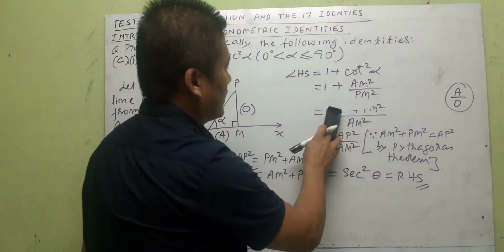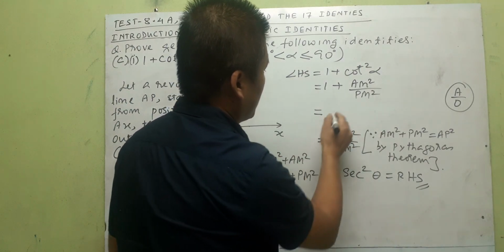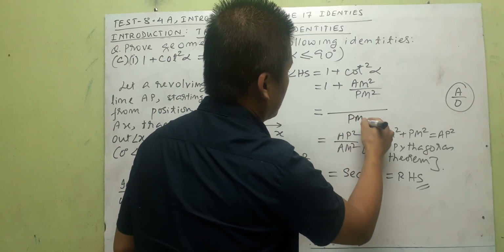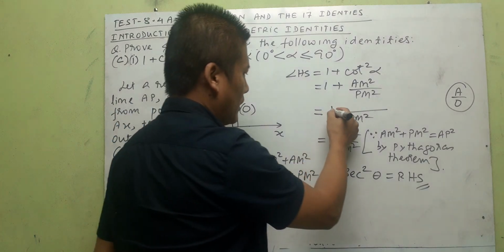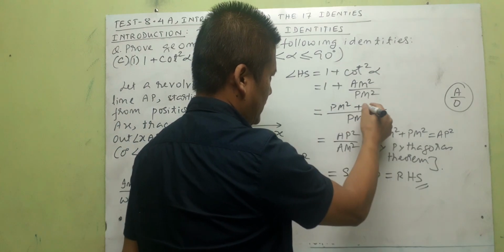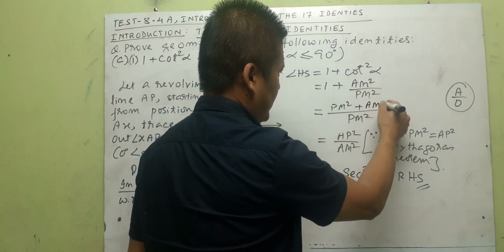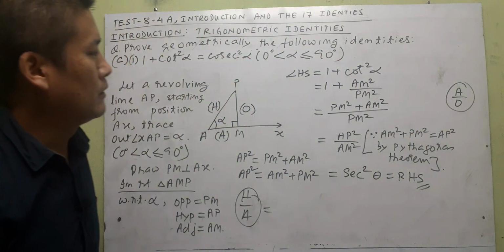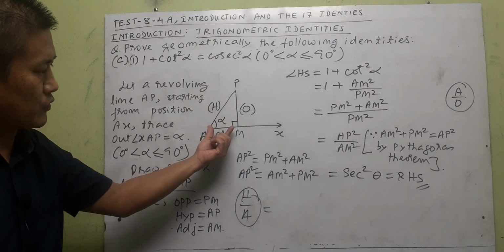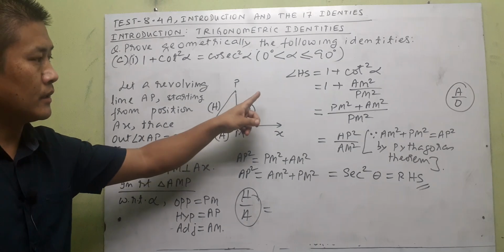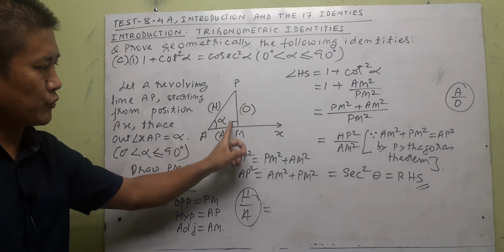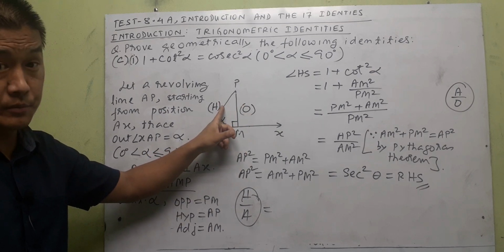So this PM square, we multiply, then LCM is PM square, right? And PM square into 1 will be PM square plus this one will remain as it is, AM square. So PM square plus AM square. This PM and AM are the non-hypotenuse sides, so the sum of their squares is equal to the square on the hypotenuse by Pythagoras theorem.